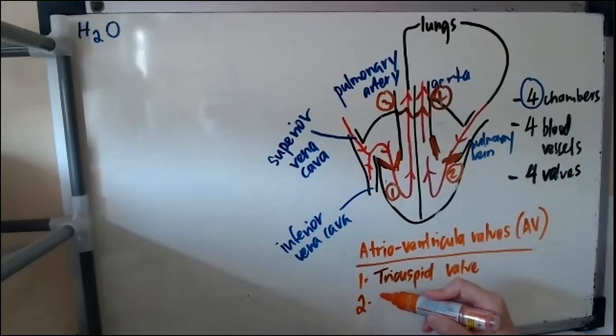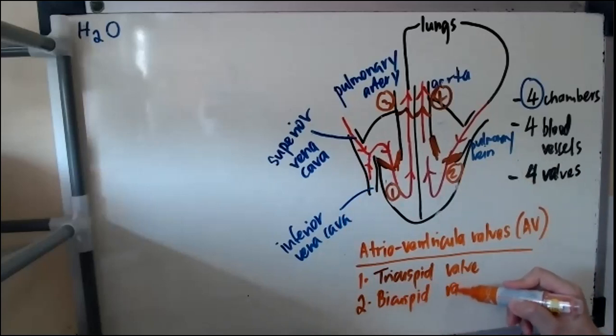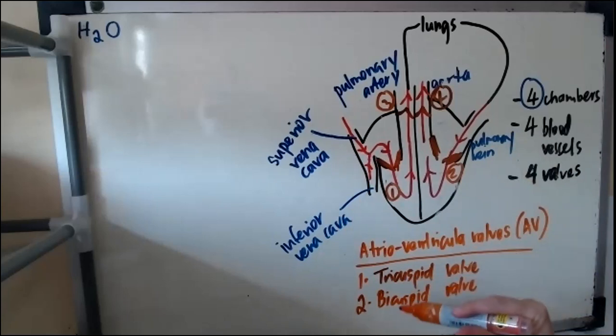Number 2 is the bicuspid valve. So you can think of tri as 3, bi as 2. It's called tricuspid valve because it has 3 flaps. That means the valve has three flaps. I'll show you. Wait.